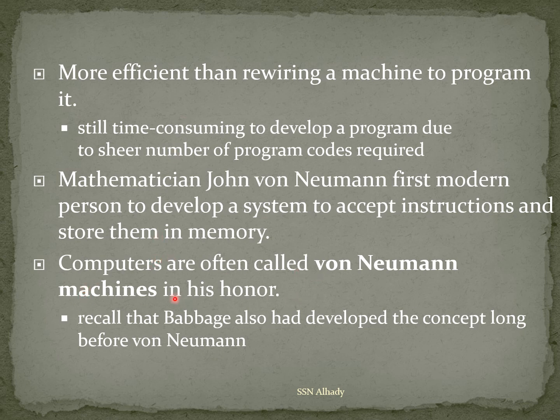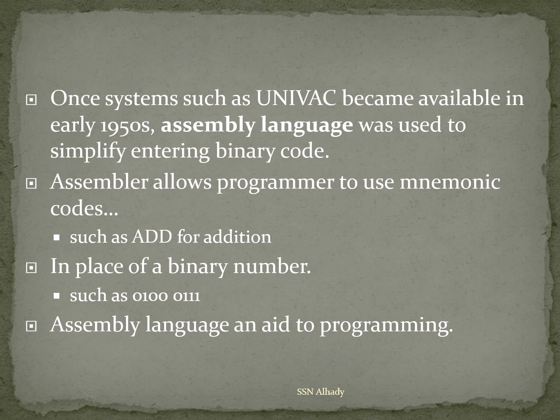Where the computer is called a von Neumann machine, in honor of his name. A system such as UNIVAC became available in the early 1950s.